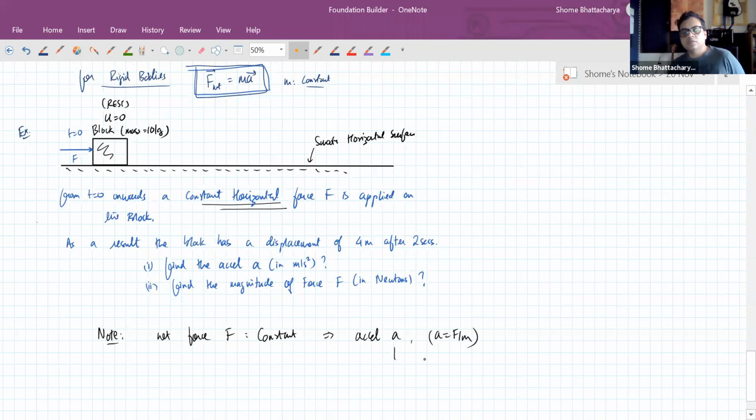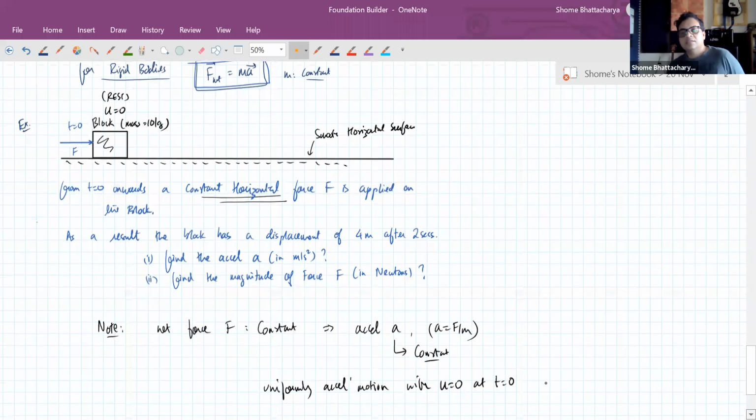That is also constant, because if F is constant, we have uniformly accelerated motion with u equal to 0 at t equal to 0. Some acceleration which we don't know, but the displacement is 4 meters at t equal to 2 seconds. So which equation will you use?